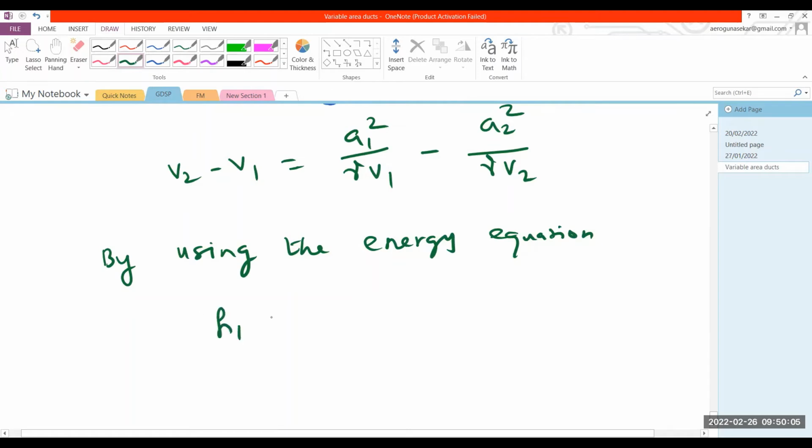You know the energy equation, nothing but H1 plus V1 square by 2 is also equal to H2 plus V2 square by 2. Okay, so this is the energy equation.